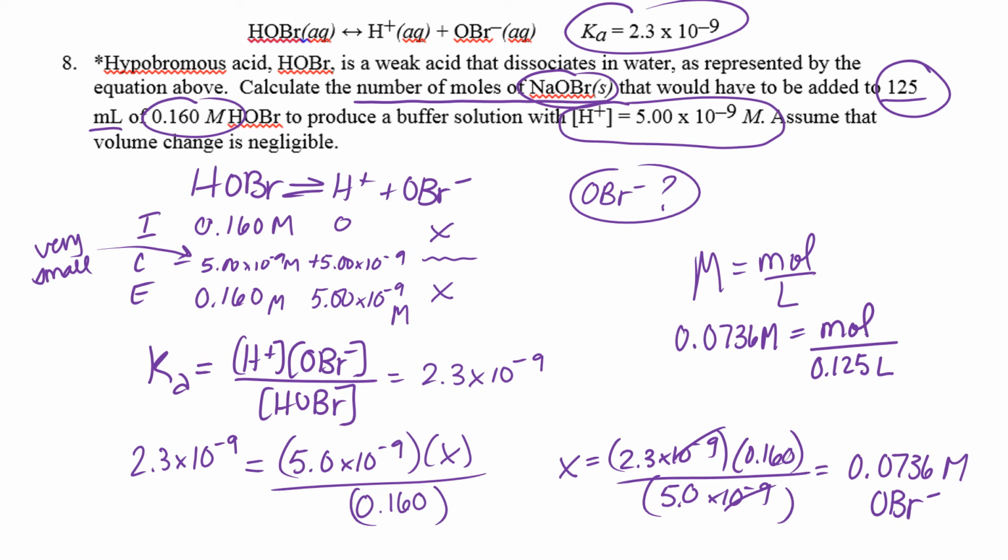So I'm going to take my 0.0736 and multiply it by 0.125, and I will get my moles, which is 0.0092 moles. Is that reasonable for sig figs? I think so, yep, because this number has 2 sig figs in it, so my answer should have 2 sig figs. All right, so there we go with number 8.